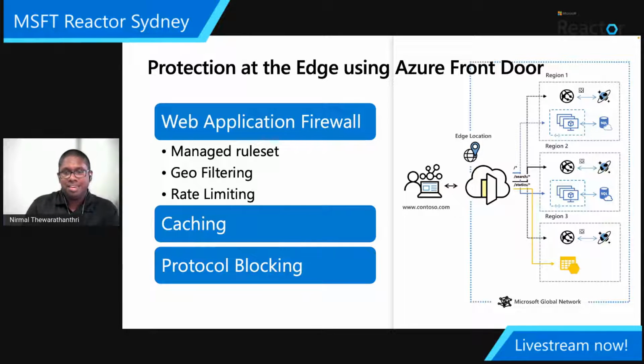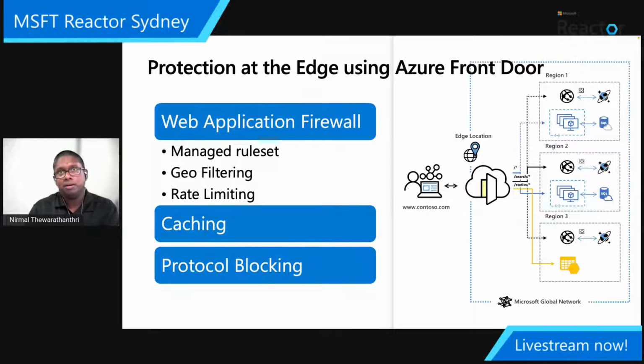One of the key benefits that customers get by utilizing Azure Front Door at the edge is that we can apply protection and mitigation before the traffic enters the customer's VNet. We also offer caching capability as well, part of Azure Front Door. So together with the web application firewalling and caching, we are able to provide protection before malicious traffic enters a customer VNet. So what are the different strategies?